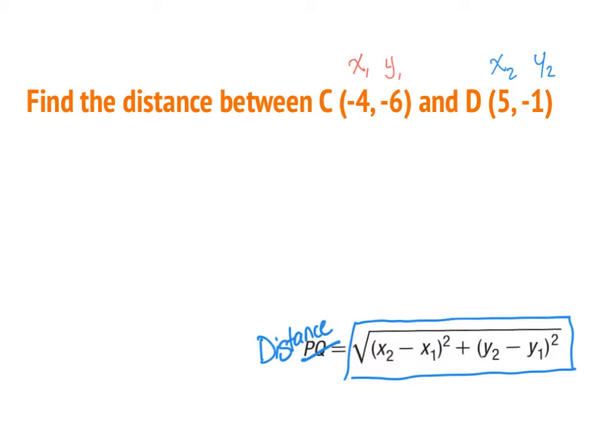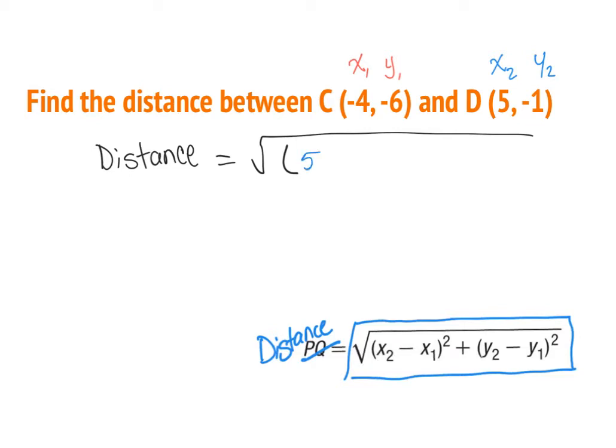I know that distance is basically going to equal the square root. Then in parentheses, I'm going to have X2, which is 5, minus X1, which is -4.